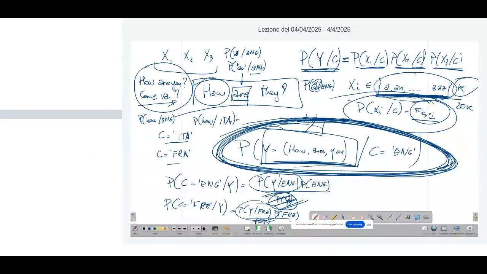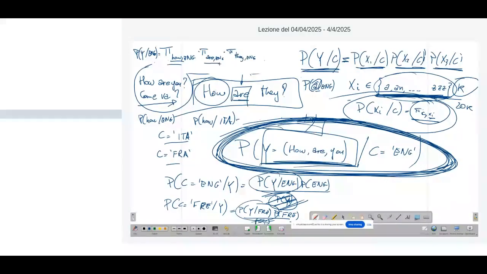For example, for the sequence of words, how are you, I will have that the probability will be pi of the word how in English. Let's imagine I'm testing the sentence with respect to the English class. Then I will have pi of how given English, times pi of the word are, given that it's English, times pi of the word you in English.